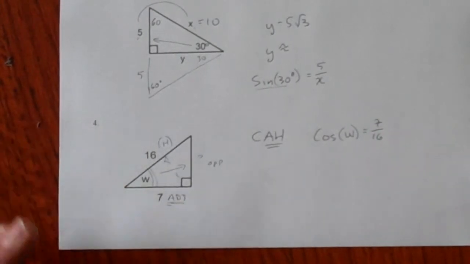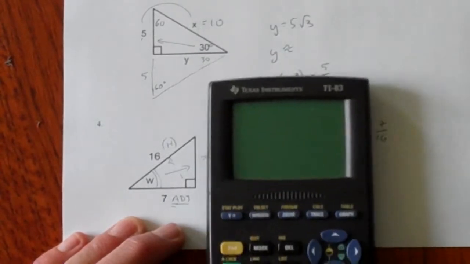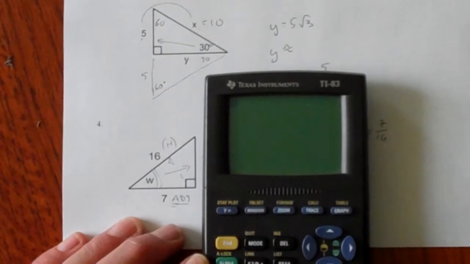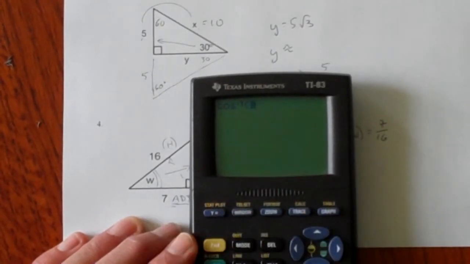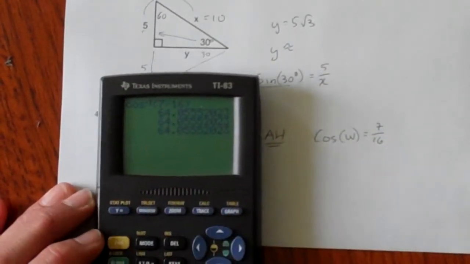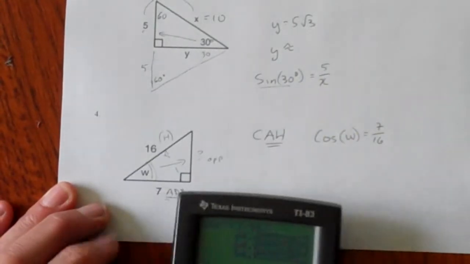So now I have to go to my calculator, and undoing the cosine is the inverse cosine. That's always going to tell me an angle. The cosine to the -1 of 7 divided by 16, because I know that's the ratio I'm going to get when I have that angle and I look for the cosine.